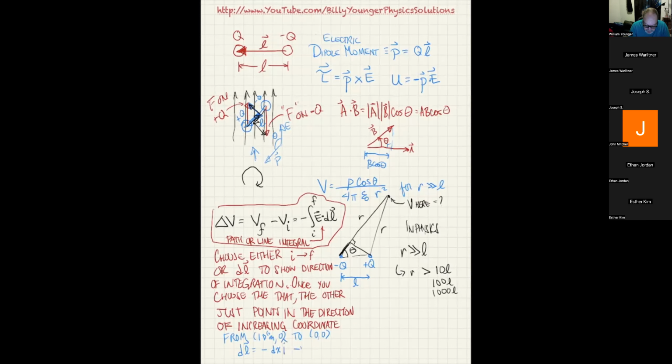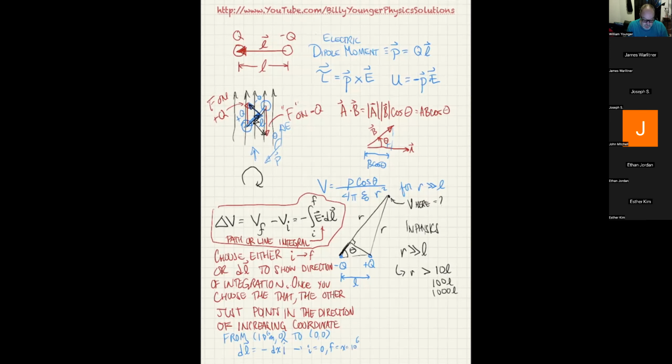So then the initial value would actually be 0, and the final value would be x equals 10 to the 6th. That's what I mean.